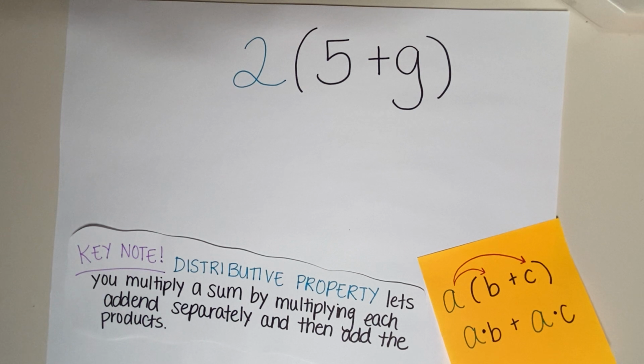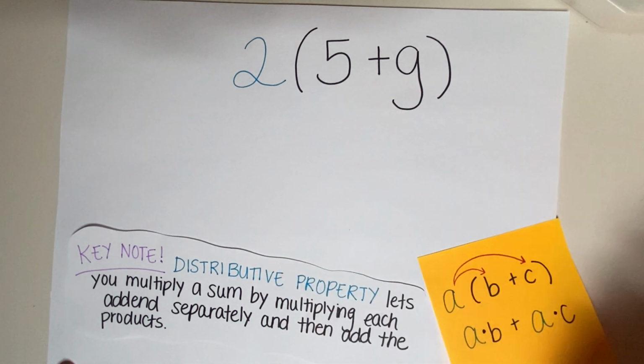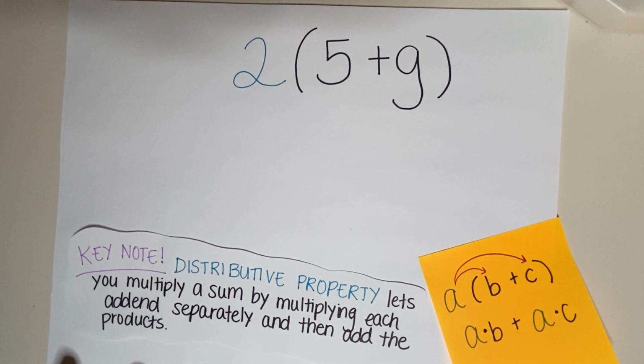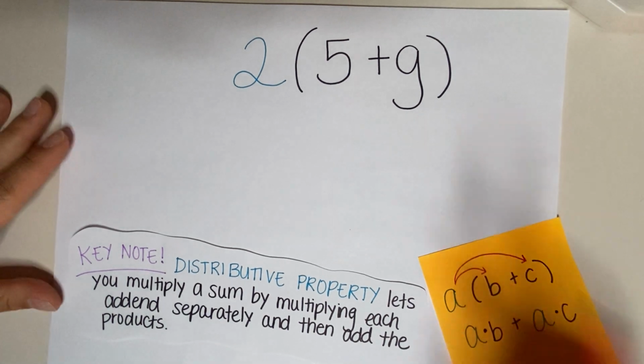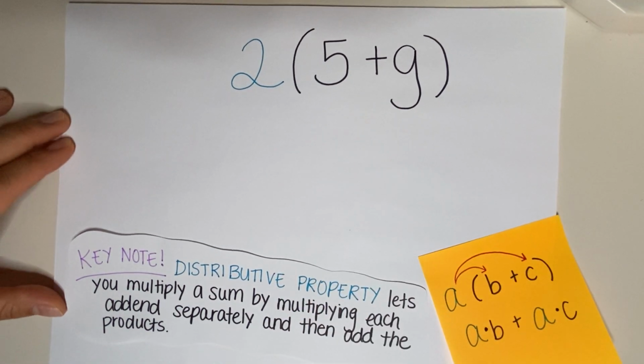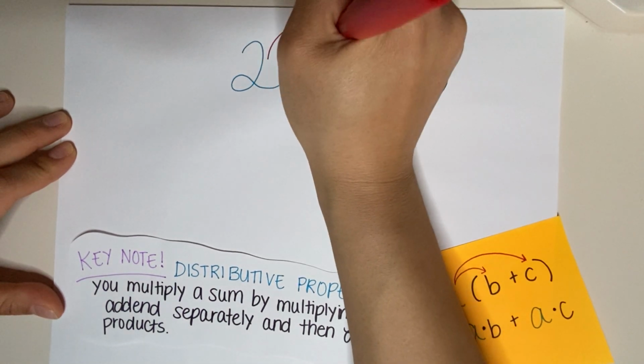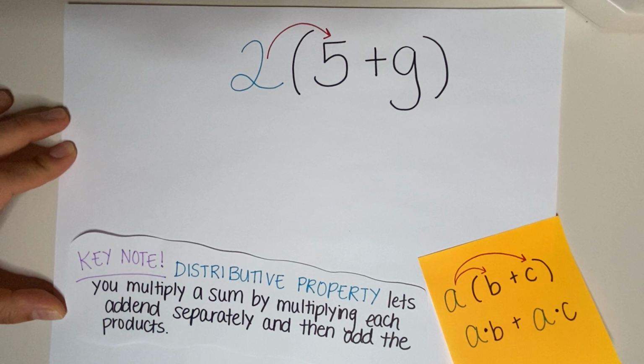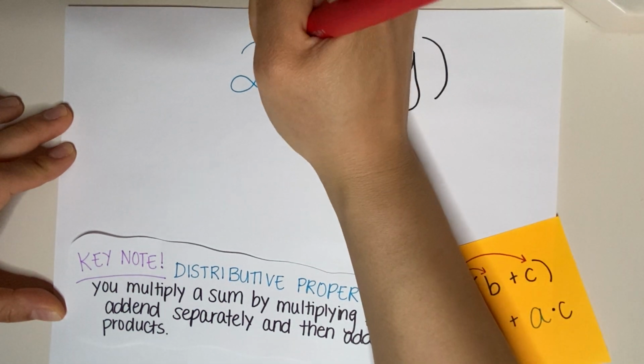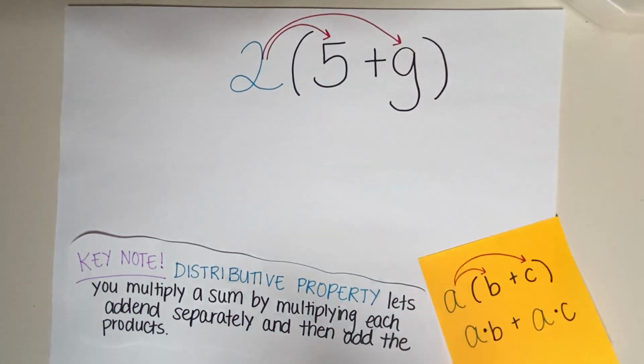So I know I have to use the distributive property because inside the parentheses, I can't add 5 plus g because they are not like terms. So again, when they are not like terms and we can't combine them, we got to use a distributive property. So the first thing I'm going to do, draw my arrows. 2 needs to be multiplied to the 5 and 2 needs to also be multiplied to g.